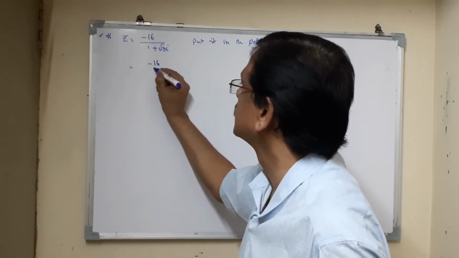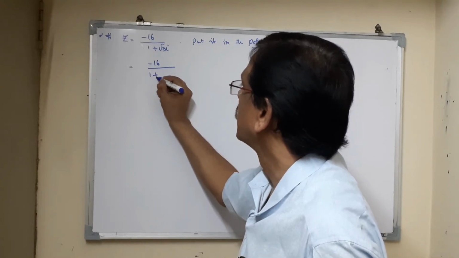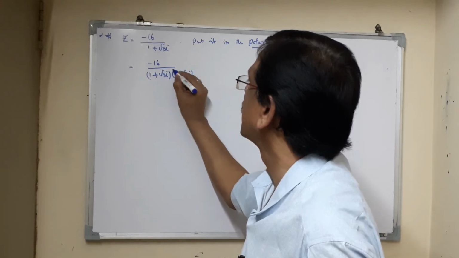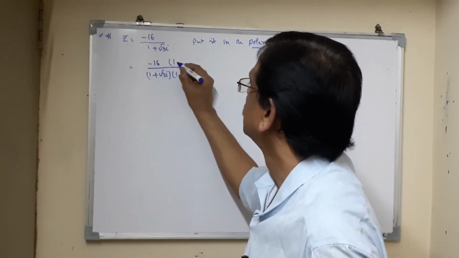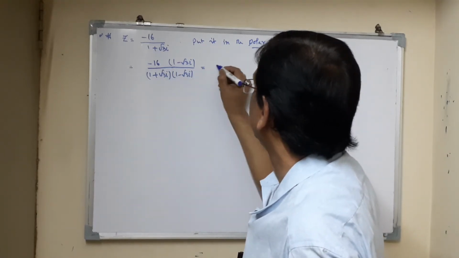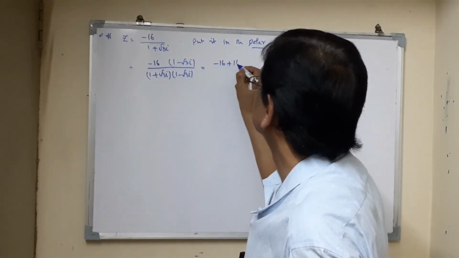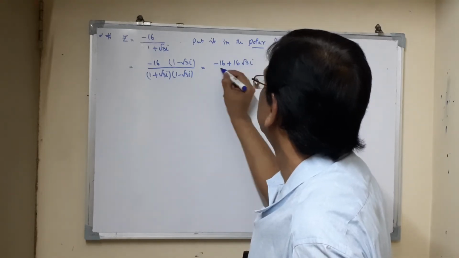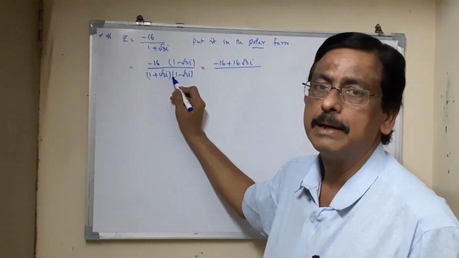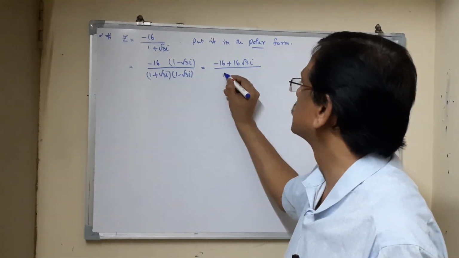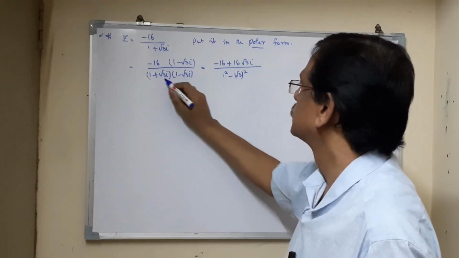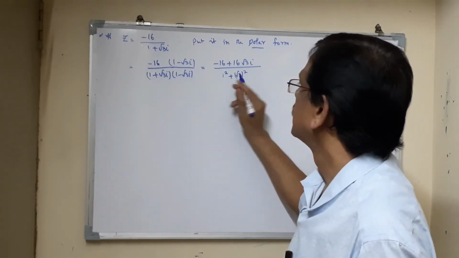So minus 16 by 1 plus root 3i into 1 minus root 3i. That means I am rationalizing this fraction with 1 minus root 3i, which is equal to minus 16 plus 16 root 3i by a plus b into a minus b, a square minus b square. So 1 square minus root 3i whole square, that becomes plus, i square is minus 1.